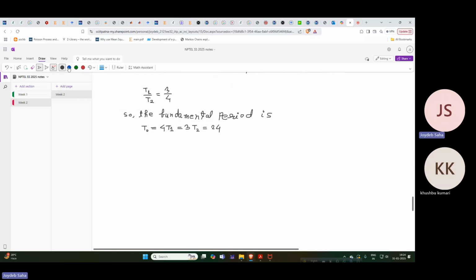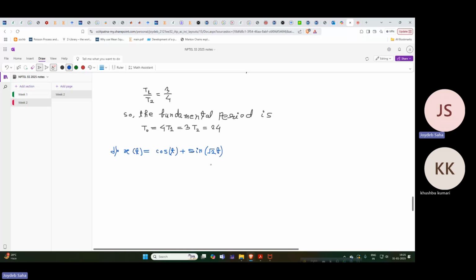Now part 4. It is a very interesting question. x(t) is equal to cos t plus sine(root 2 t).